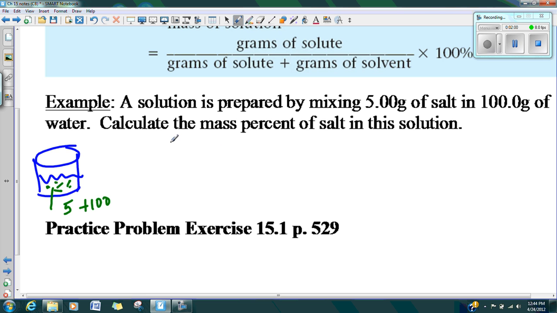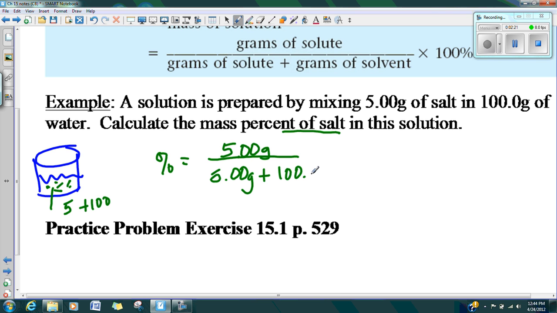So as we take a look, we want to find our percent, and the grams of the solute, we want the percent of salt. So salt is going to be 5.00 grams. Remember, we have 3 significant figures there. Divided by the grams of solute, again, is 5.00 grams, plus the grams of the solvent, which is my water, 100 grams of water.